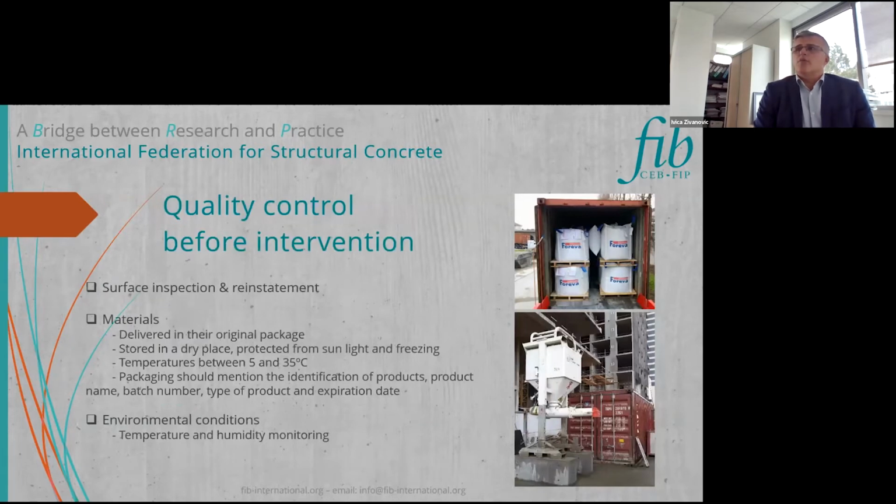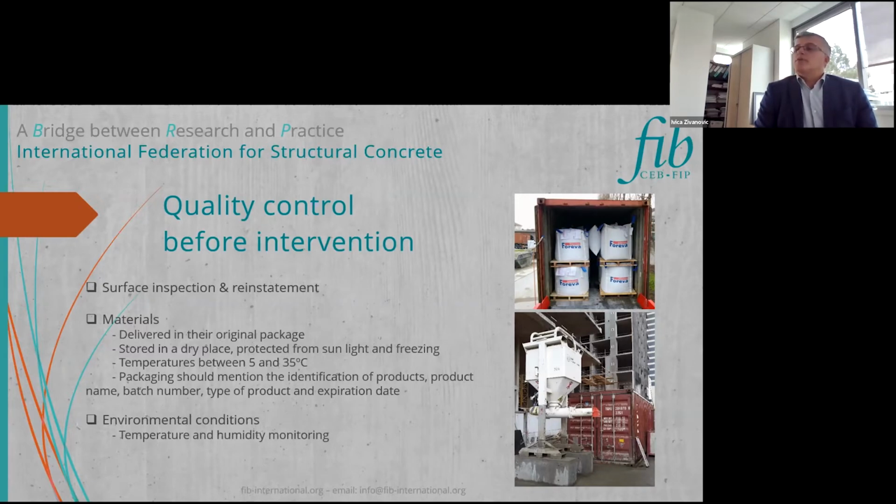The quality control before intervention, just to illustrate, is of course, as you have observed before, the surface inspection, the material delivery in their original package and its compliance, that need to be stored in a dry place, protected from UV and freezing, at a temperature between 5 and 35 degrees Celsius.